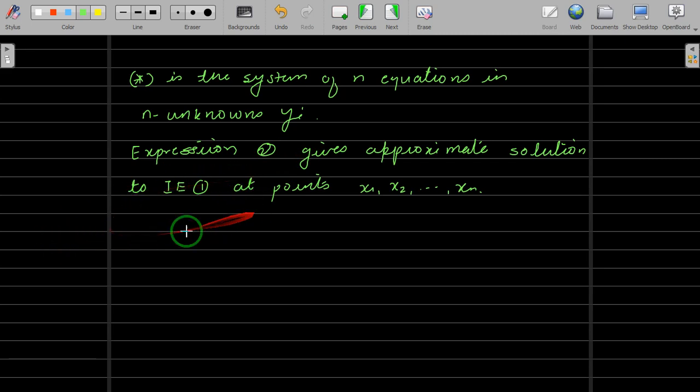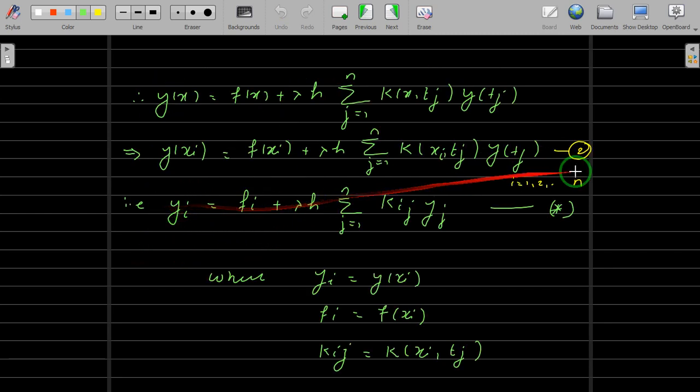Now we can use interpolation. So yi given by equation 2: for each xi you will get some yi, and you can use interpolation.